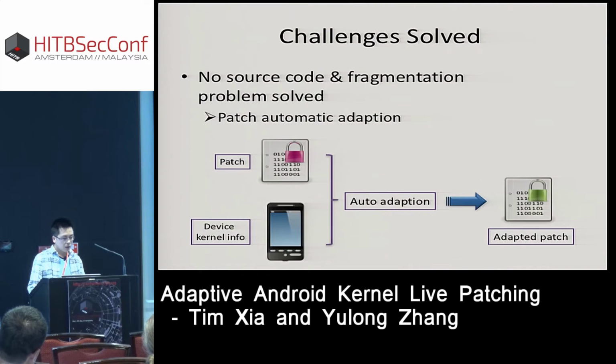Then we use the kernel information to transform the data, so we can have an adaptive kernel module or shellcode. So we will make the data suitable for every kernel module.